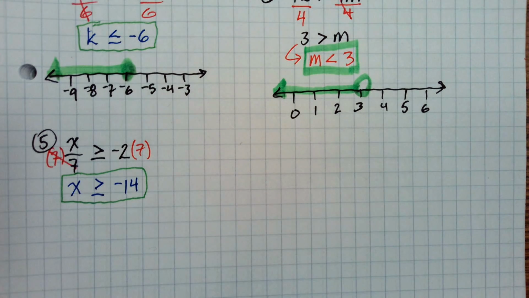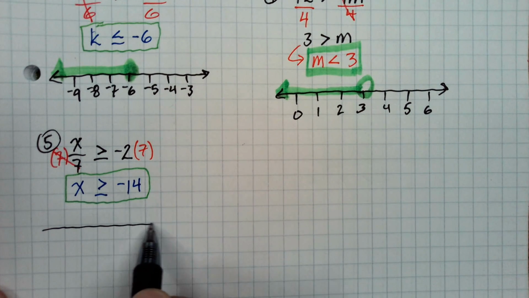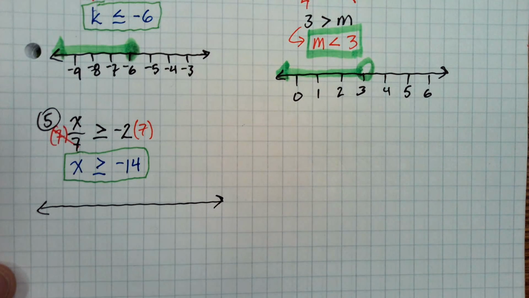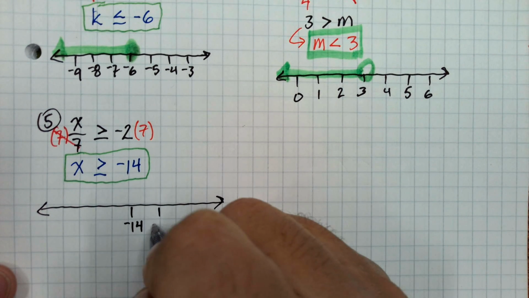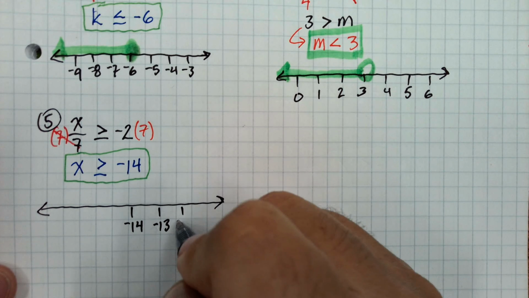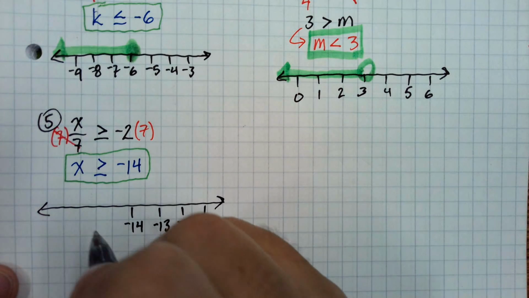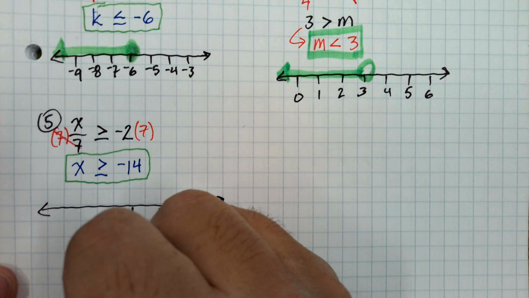Let's just graph it. So we'll put a negative 14 here. There's some numbers that are bigger. There's some numbers that are smaller.